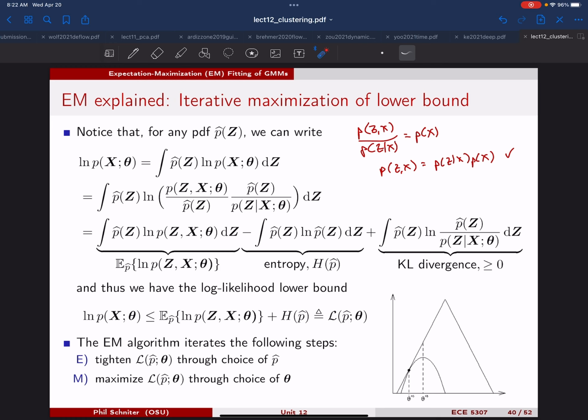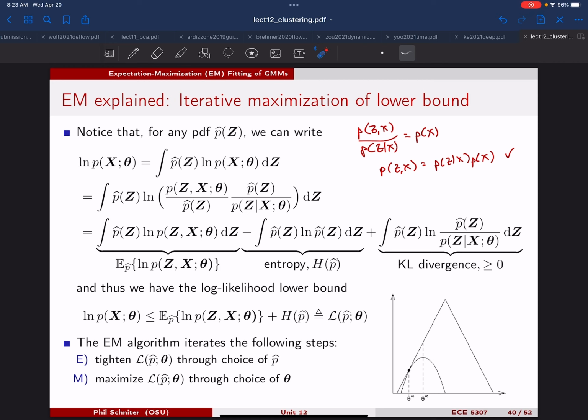You can see that if both of these densities are exactly equal, then this ratio is 1 at all z, and the log of 1 we know is 0. When there's a 0 in here, the whole integral goes to 0. So that's just confirmation that when these two densities are exactly equal, the KL divergence is 0. But anytime they are not equal, the KL divergence can grow larger than 0.